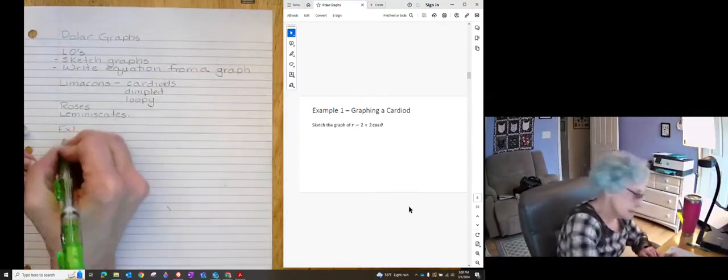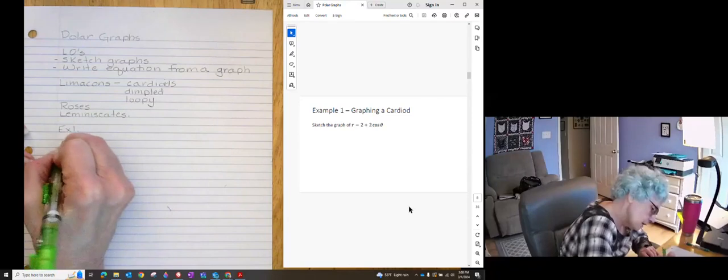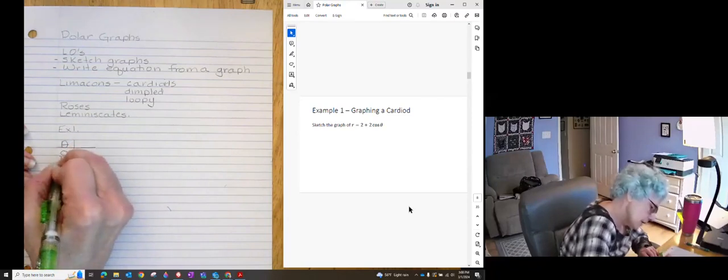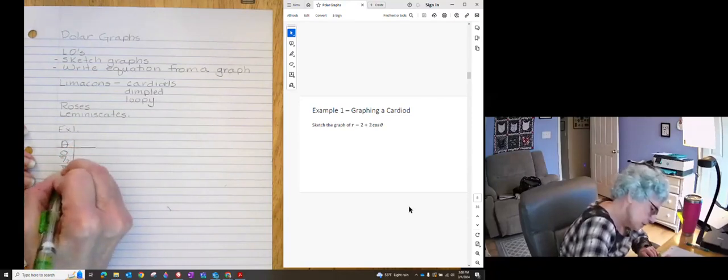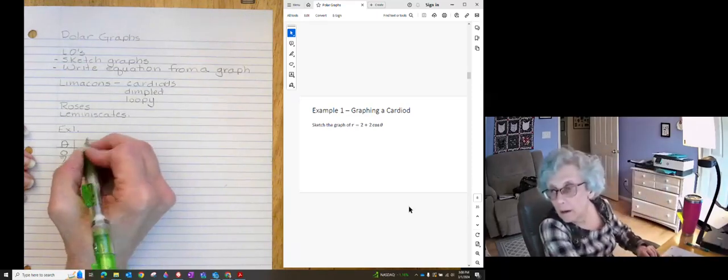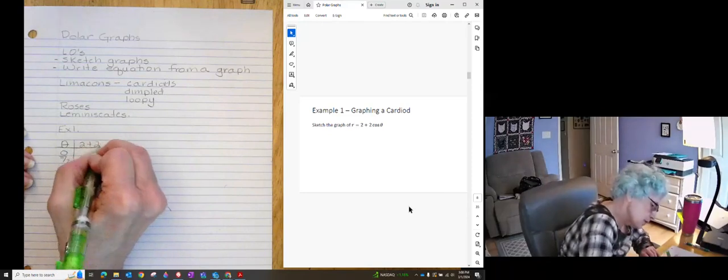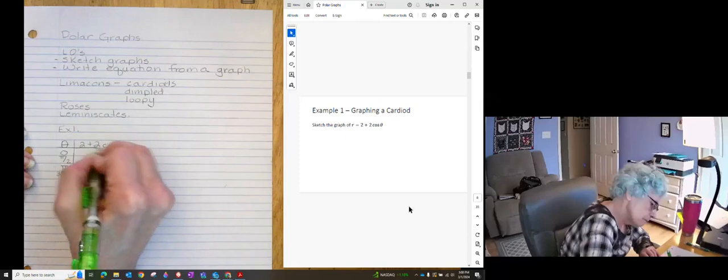First, I'll make my table. I make a column for theta, and theta is going to be 0, pi over 2, pi, 3 pi over 2. R is going to be equal to 2 plus 2 cosine theta.